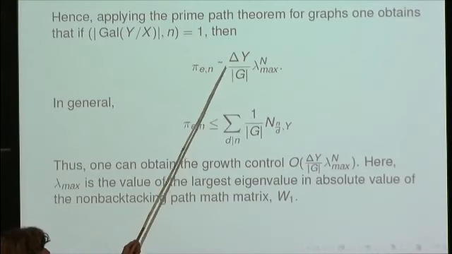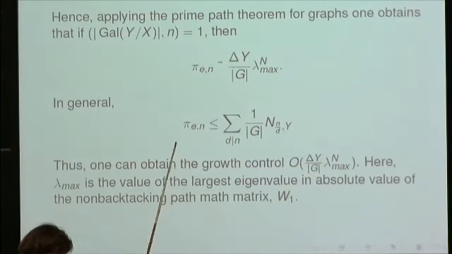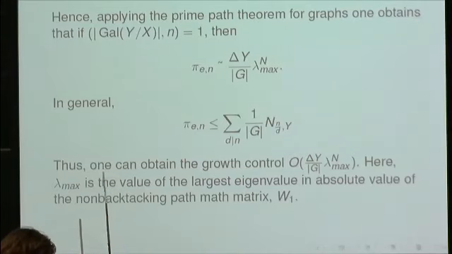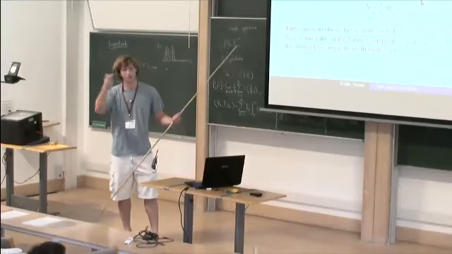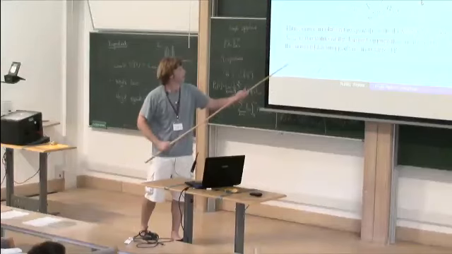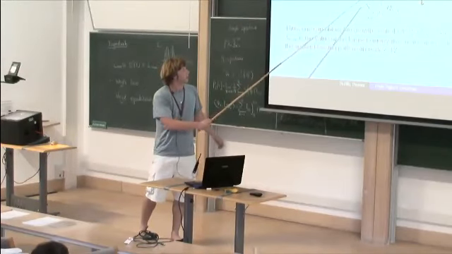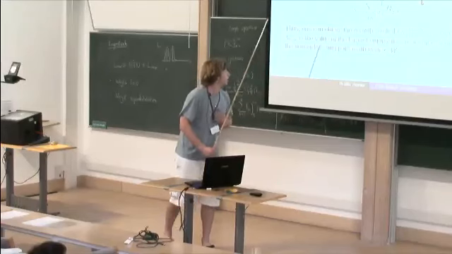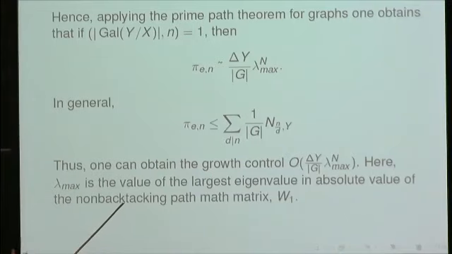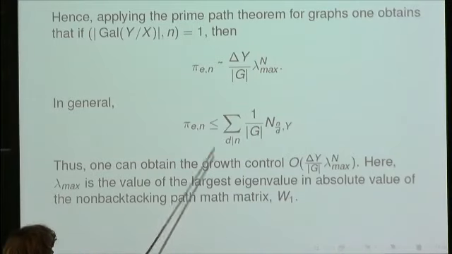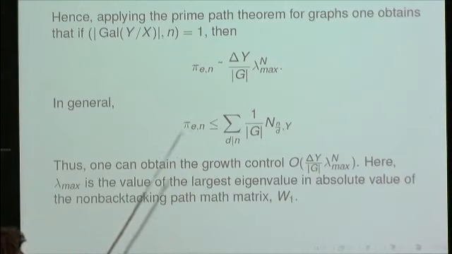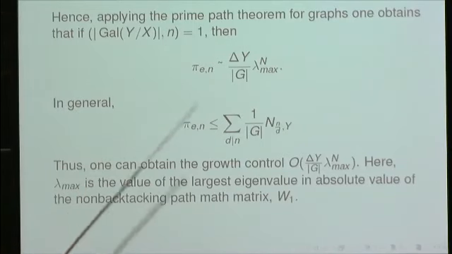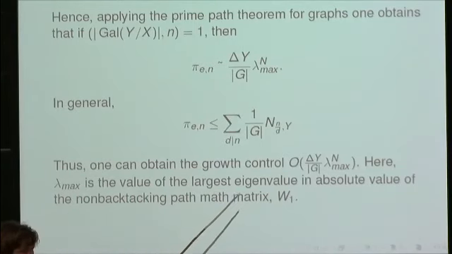It's just this number delta y, which is the greatest common divisor of the lengths of all the different closed paths. Typically, it's equal to 1 divided by the order of the Galois group times the largest eigenvalue associated to your W1 matrix, which is this non-backtracking path matrix, which someone else earlier today seemed to be referring to as the B matrix. So there seem to be multiple letters to go with here.